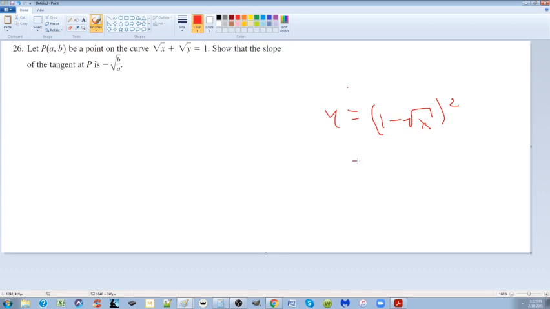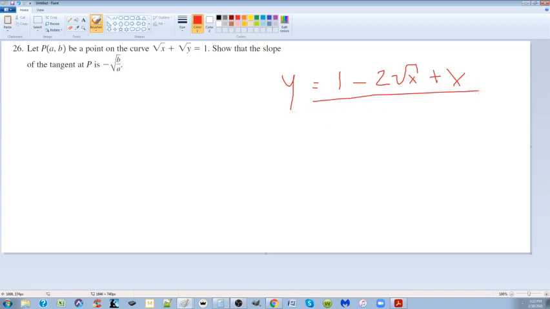Or sorry, when I add it up, I'm going to get 1 minus 2 square root of x plus x. Okay. Don't know if that's totally valuable, but that's what y is equal to. Show the slope of the tangent.